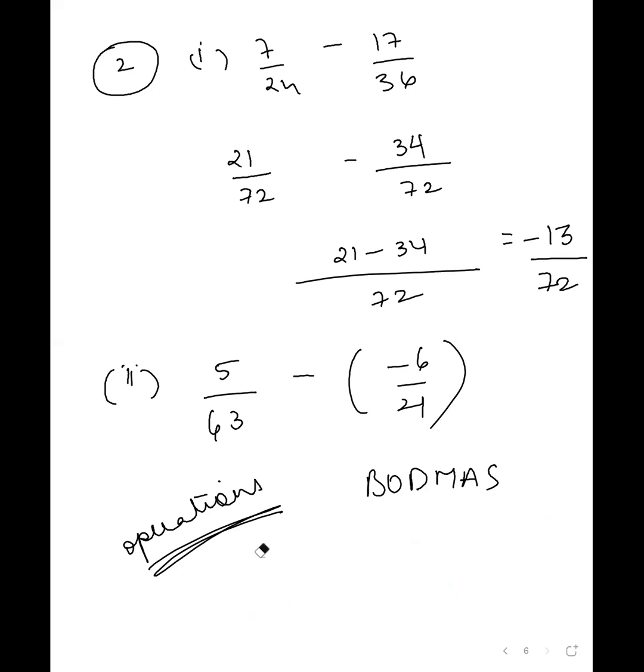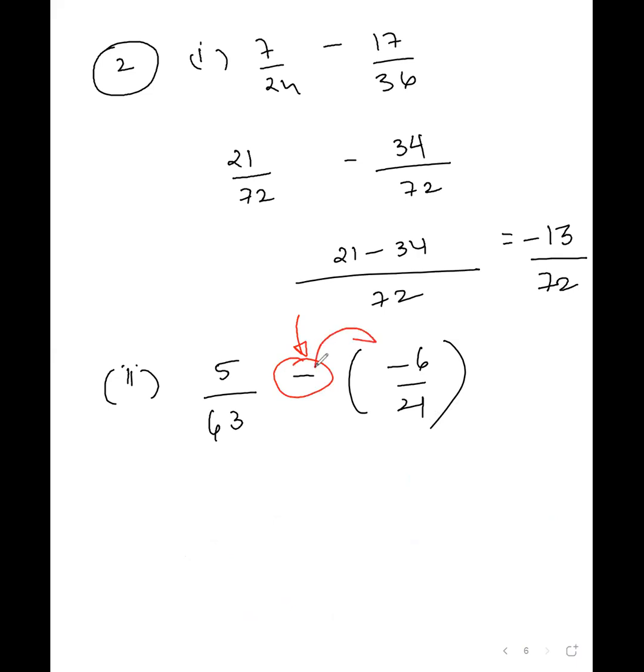The only thing I'm trying to tell you here is that B stands for brackets. So the first thing that you have to do is get rid of the brackets. How do you do that? You have to open them very carefully. If there is a negative sign outside, remember that when you open the bracket, this negative sign will have an effect on whatever is inside the bracket.